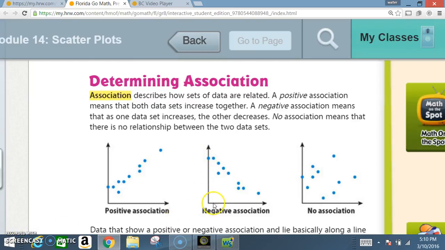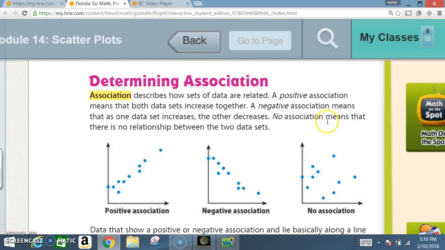So notice X here is small, Y is large. X here is increasing, Y is decreasing.